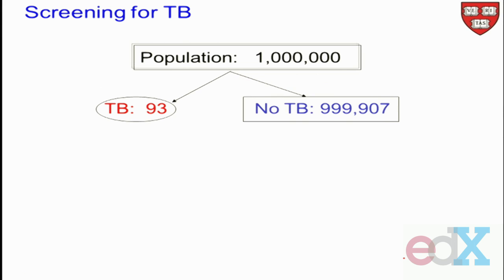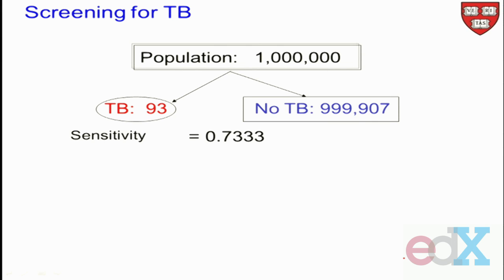Now, how is the test going to act on these people? Now remember, the test acts differently on people with the disease and people without the disease. So first let's look at people with the disease. To determine how the test acts on those people, we need to know the sensitivity. And we said that the sensitivity was 0.7333.